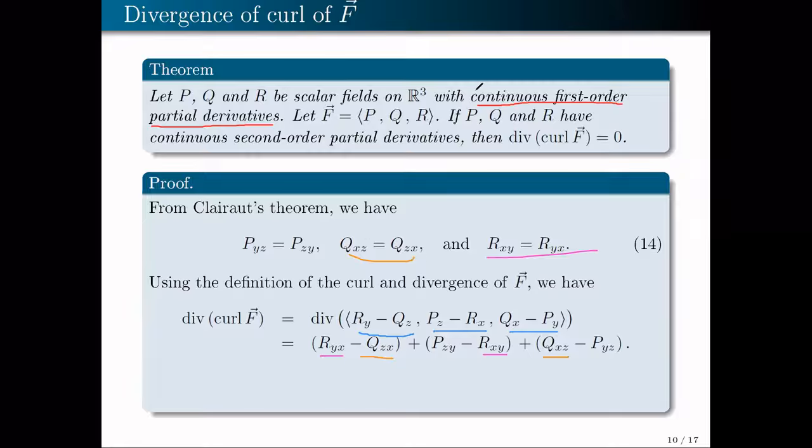And lastly, we have P_zy minus P_yz equal to 0 since P_yz equals P_zy. And so the divergence of the curl of the vector field F is equal to 0. So this ends the proof for this theorem.